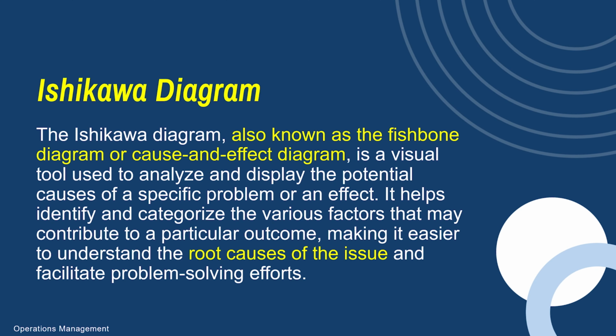So there's one tool left, and that is your Ishikawa diagram, also known as the fishbone or the cause and effect. Now, this one kind of lives in a lane on its own. It would probably fall under data collection, but it's more specific to processes or root cause analysis.